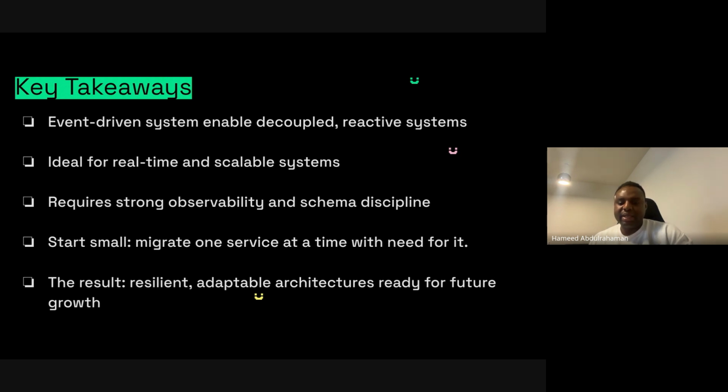And the good thing about this resilience is that if you have an idempotency key, you're very sure that duplicated events are not processed multiple times. So the result is very beneficial, especially for big organizations that have millions of users, and you can adapt this for your system while growing.